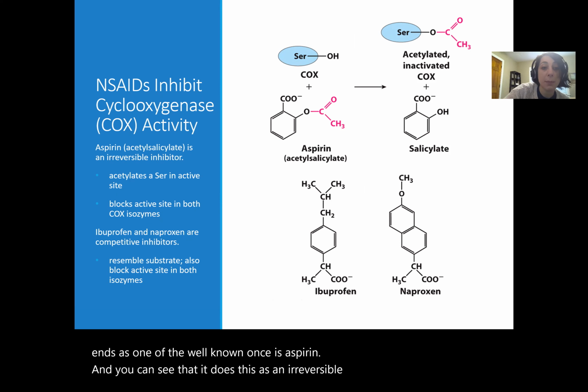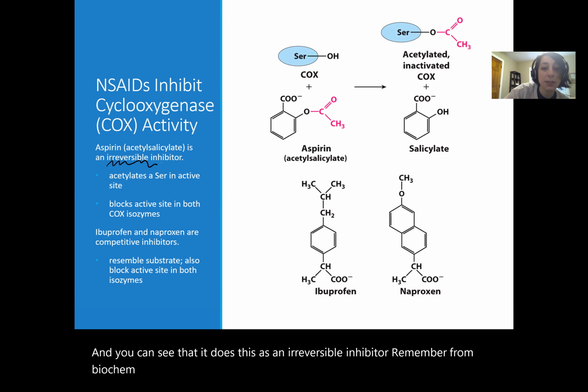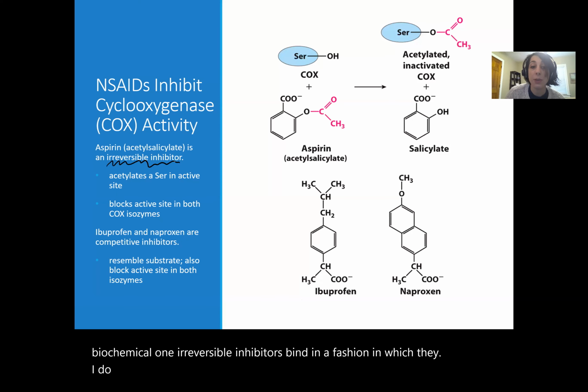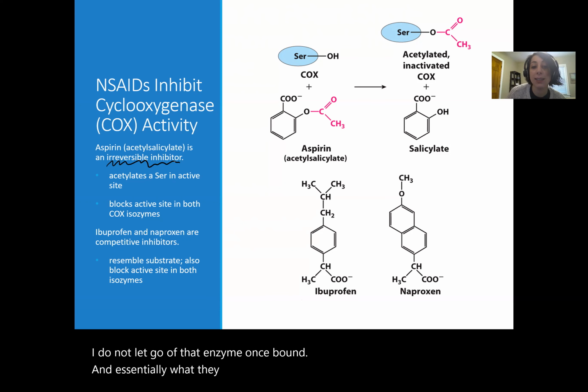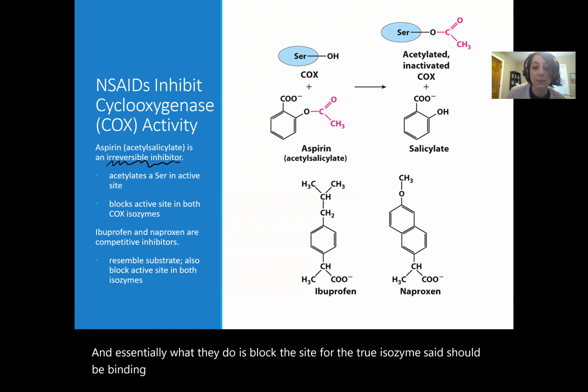Remember from Biochem 1, irreversible inhibitors bind in a fashion in which they do not let go of that enzyme once bound. Essentially, they block the site for the true isozymes that should be binding onto COX.